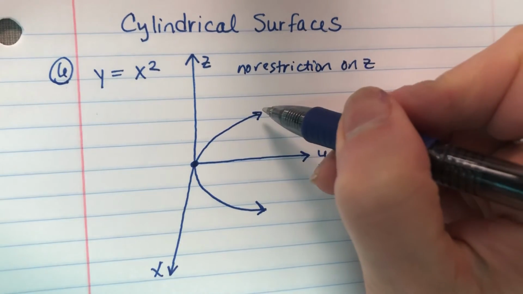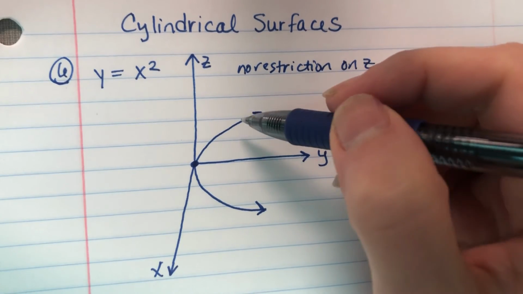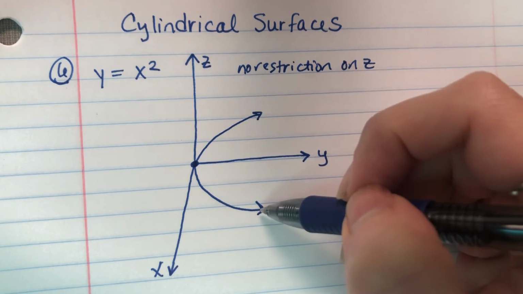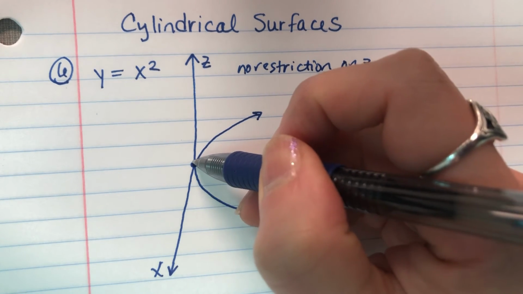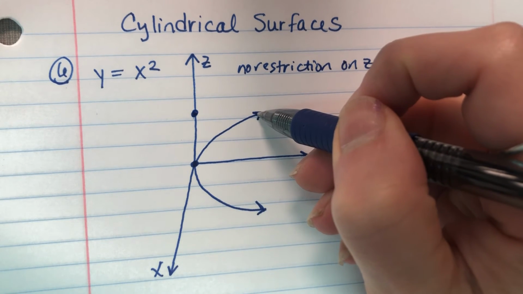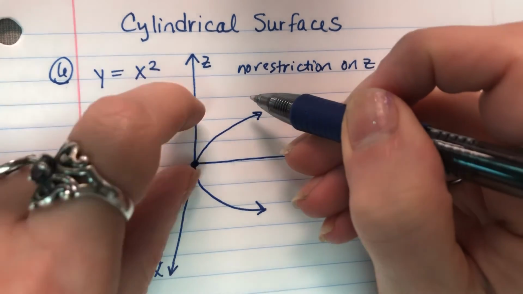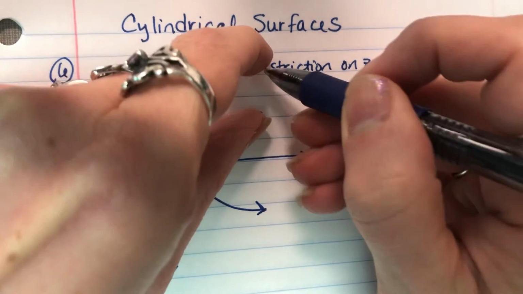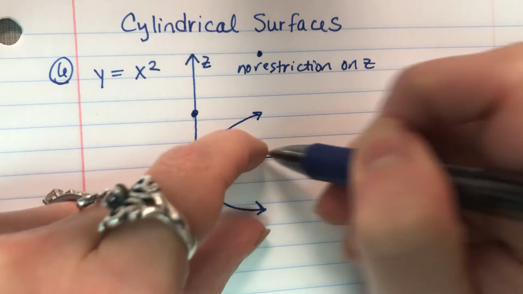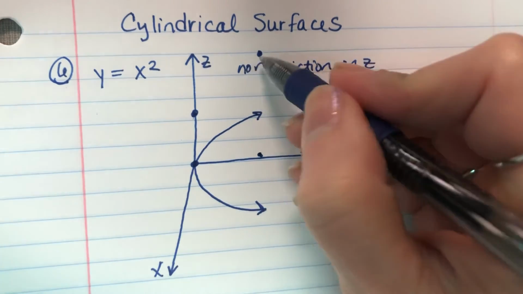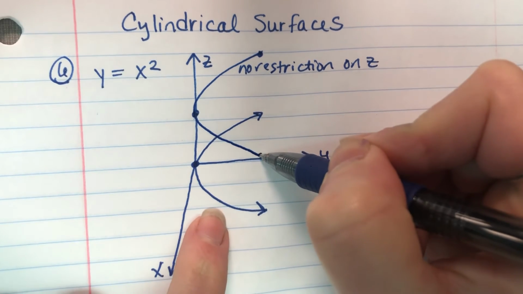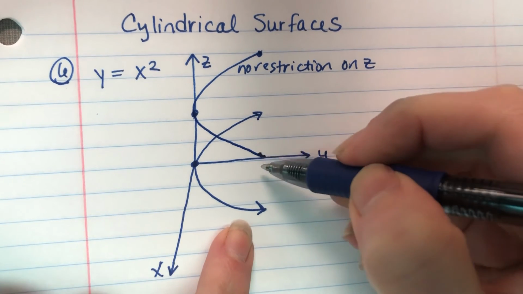So the way we represent this, and it's certainly not a perfect image, is we're going to take the vertex and go up a certain amount, and then from each of these arrows, try to go up the same amount, like that maybe. And we're going to draw it's sort of like a parallel parabola here.